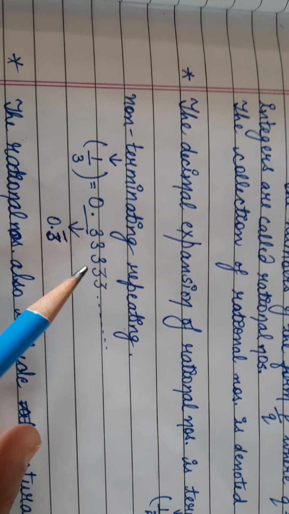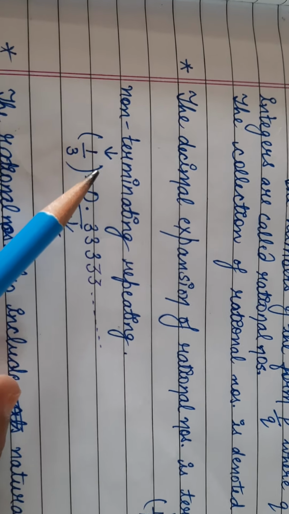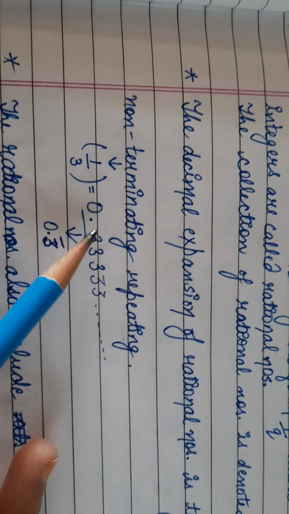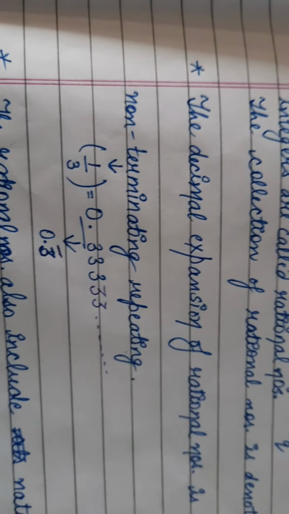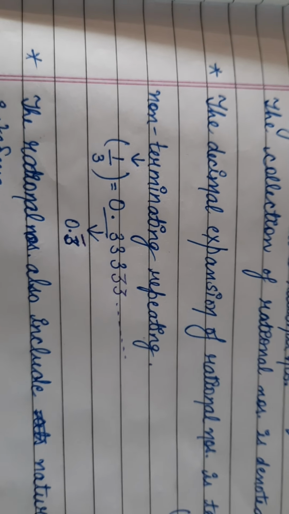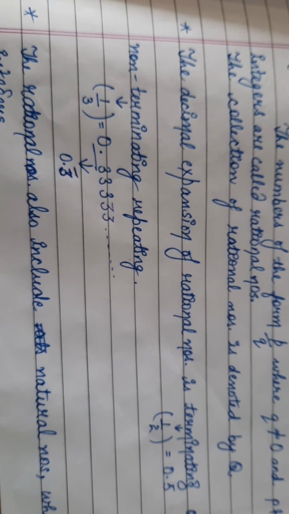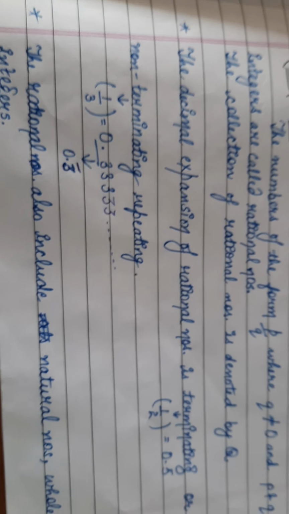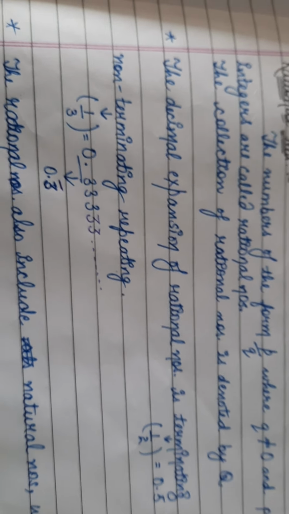This digit 3 will keep on repeating, going up to infinity. So we can write that the decimal expansion of a rational is either terminating or non-terminating, repeating.